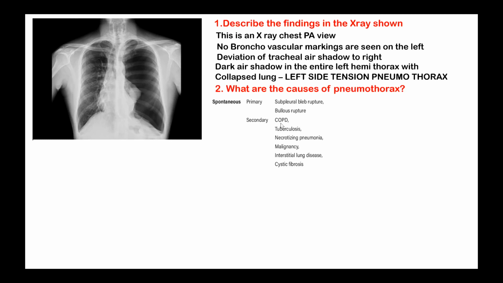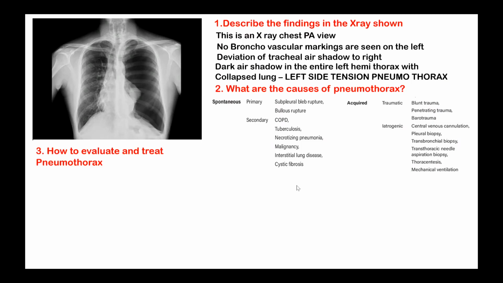Secondary can be secondary to COPD, tuberculosis, necrotizing pneumonia, malignancy, interstitial lung disease, and cystic fibrosis. Acquired conditions can be traumatic, blunt trauma, penetrating trauma, or barotrauma, or it can be iatrogenic like central line cannulation, pleural biopsy, transbronchial biopsy, transthoracic needle aspiration biopsy, paracentesis, and mechanical ventilation.